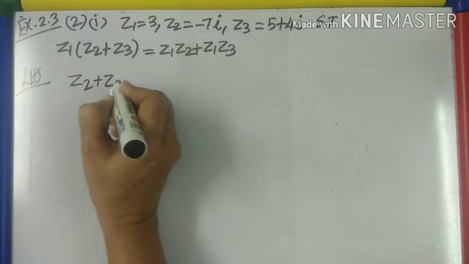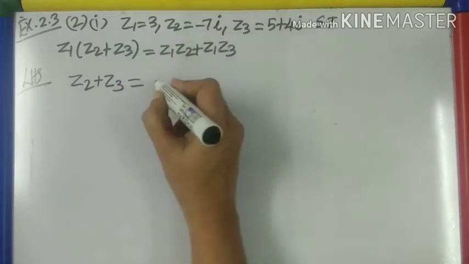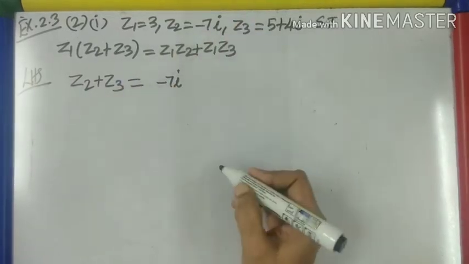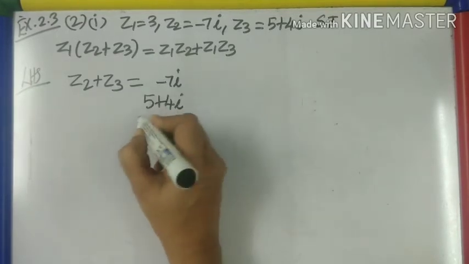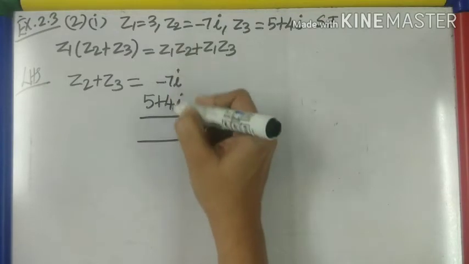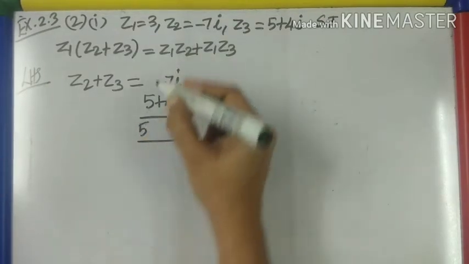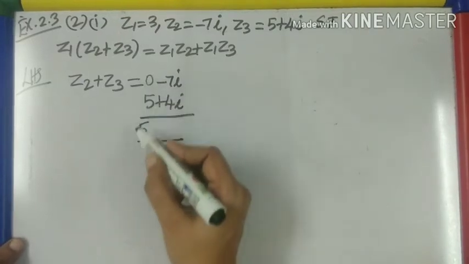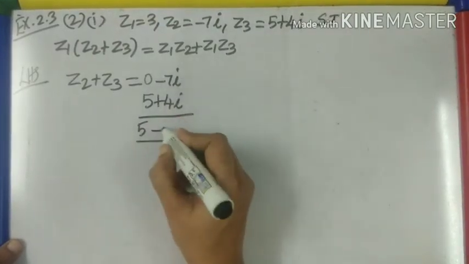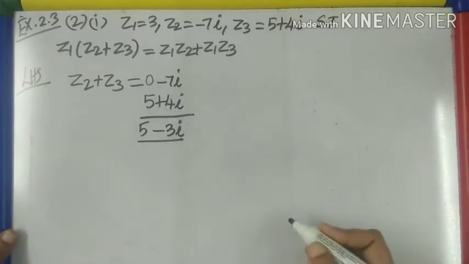Z2 plus Z3. Z2 value minus 7i. Z3 value 5 plus 4i. Remember, i and i only can add. Here, no real number means treat it as 0. 0 plus 5, 5. Minus 7i plus 4i is minus 3i.